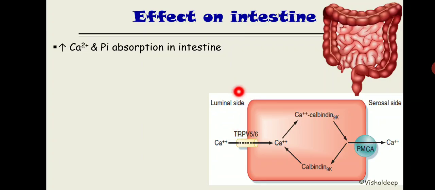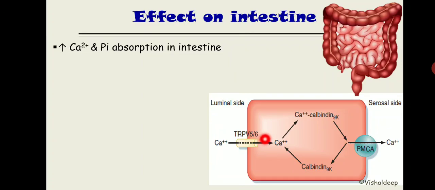Now see, over the lumen there is gastric juice and whatever food we ingest is present over here. Once it is digested by digestive juice, the calcium will be absorbed via this channel. The name of the channel is TRPV5 or 6. That's how it is written in the book. The channel that transports calcium inside the cell from the lumen is TRPV5 or 6.